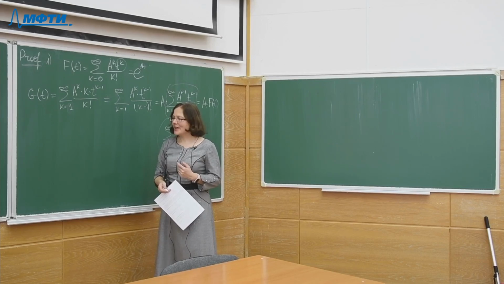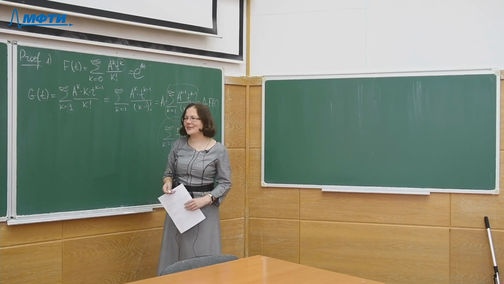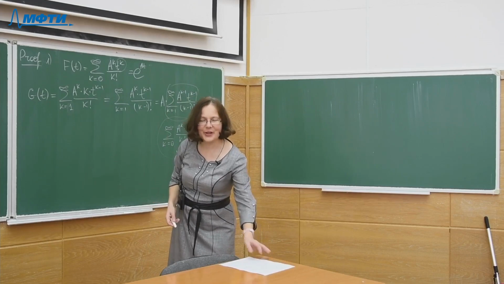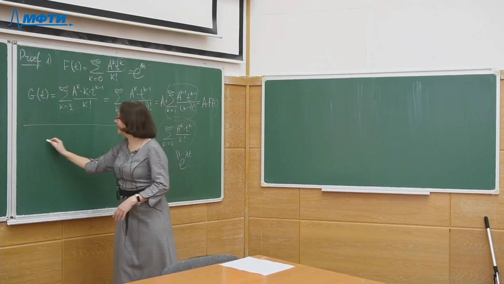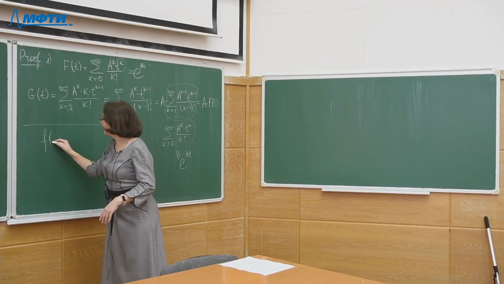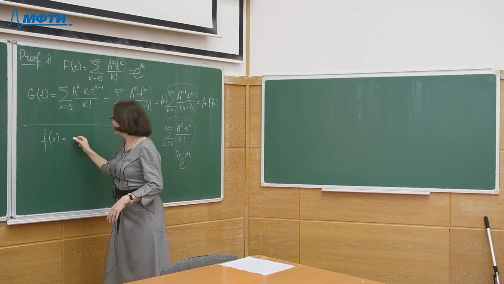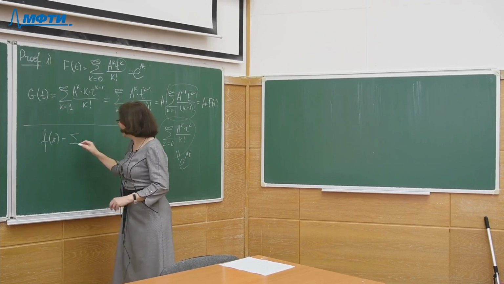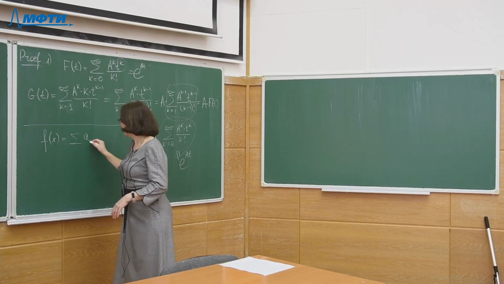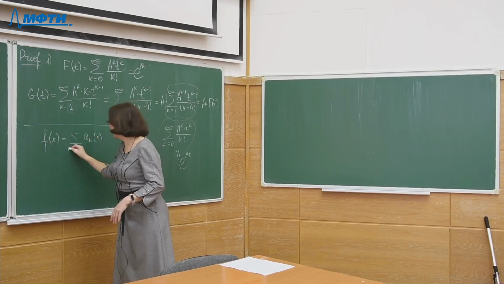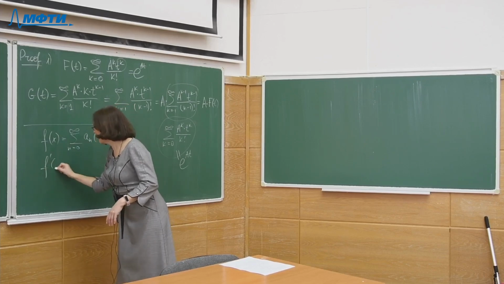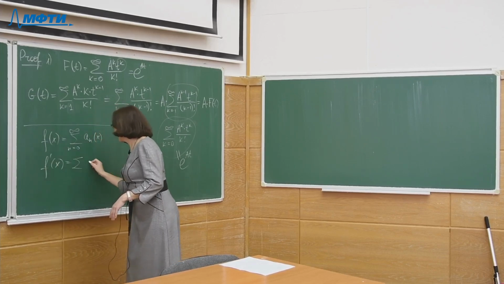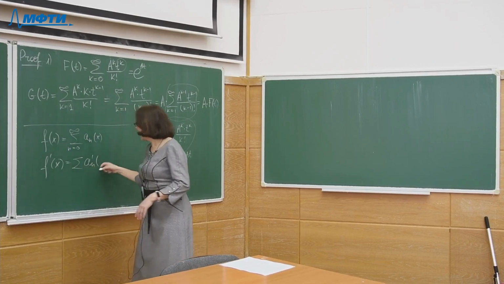So, can we differentiate infinite series term by term? Is it true that, if f of x is equal to some infinite series, let it be the sum of a_n of x, then f prime of x is equal to the sum of a_n prime of x?